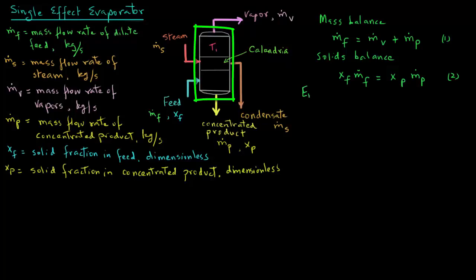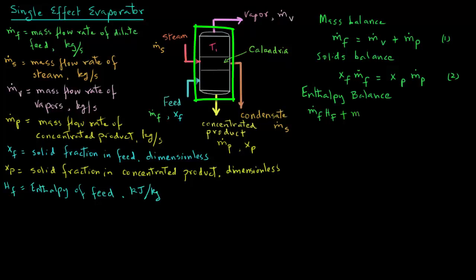Now for the enthalpy balance, we write m dot f times hf, where hf is the enthalpy of the entering feed in kilojoules per kilogram. We also have enthalpy entering into the system with steam.